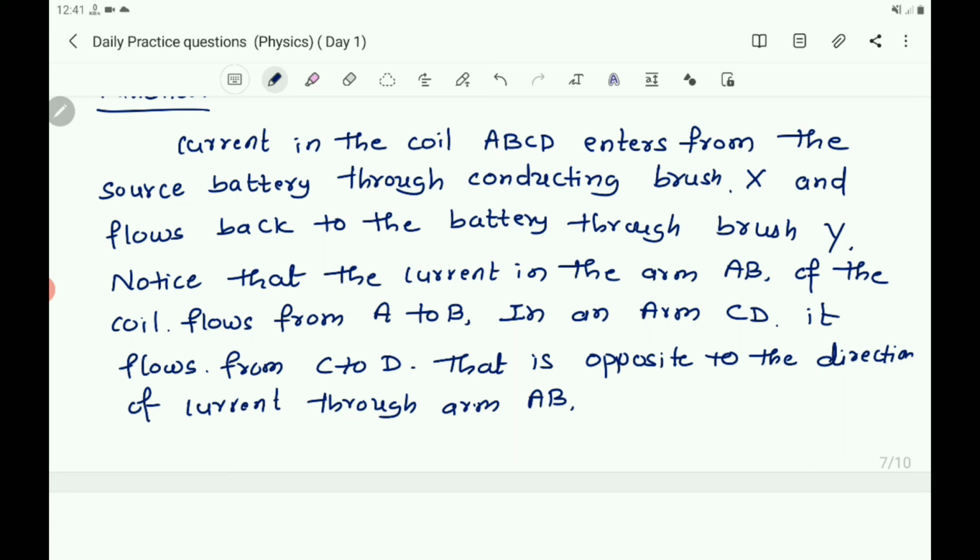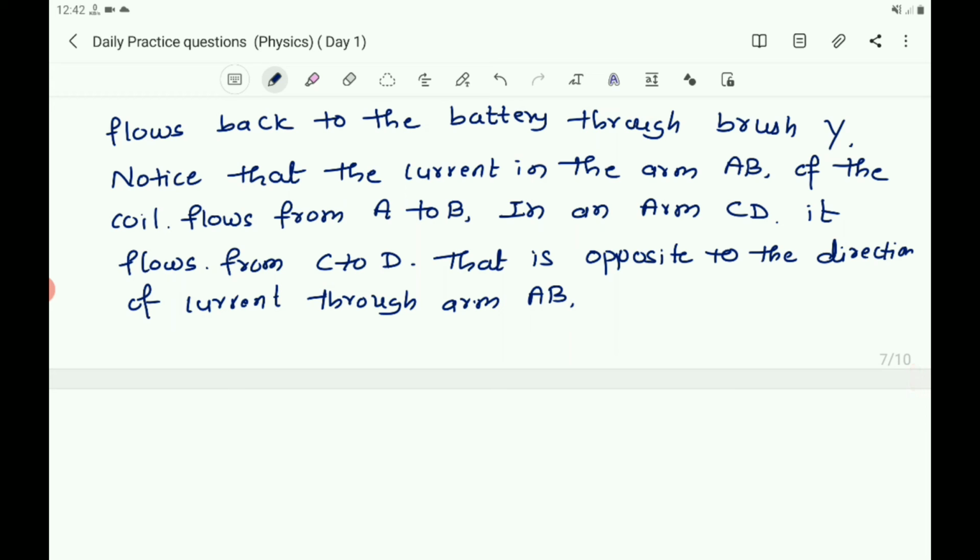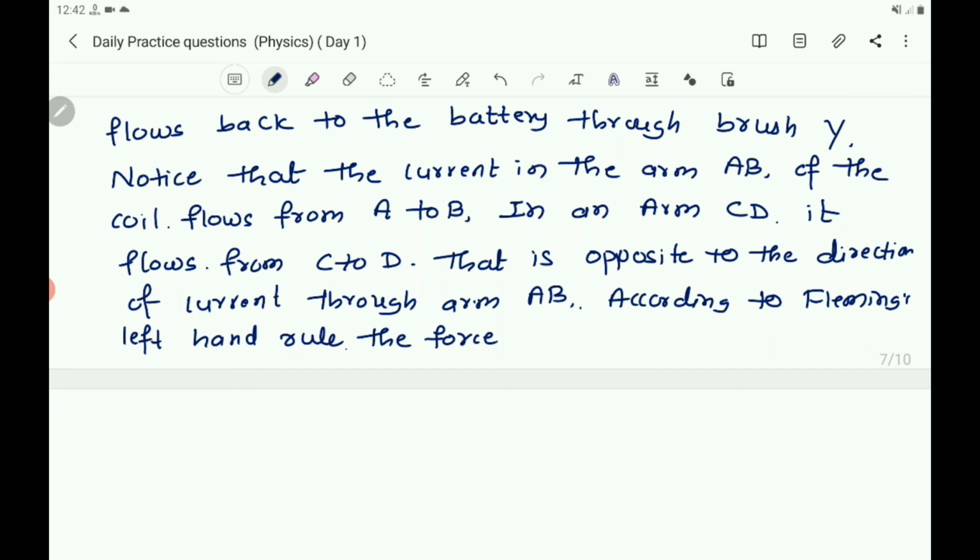On applying Fleming's left-hand rule for the direction of force on a current carrying conductor in a magnetic field, we find that the force acting on arm AB pushes it upward.